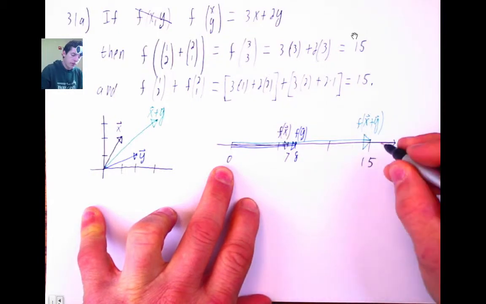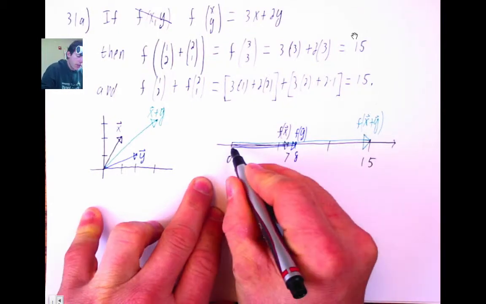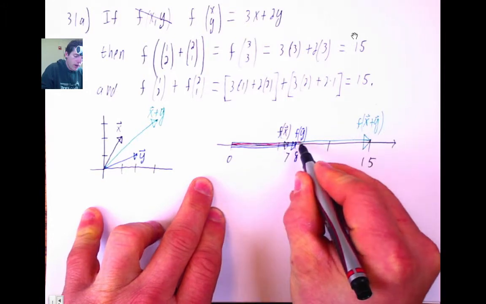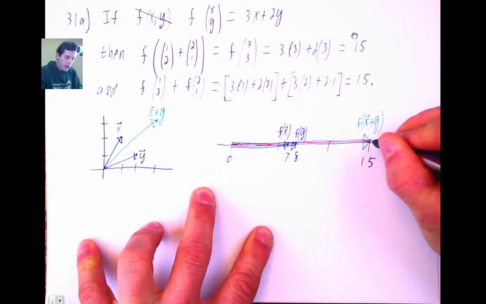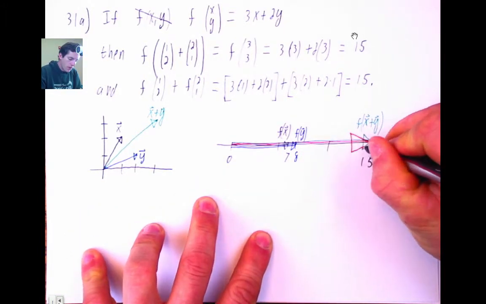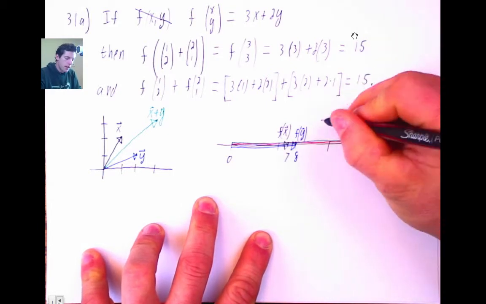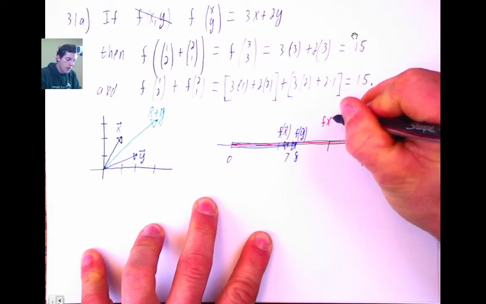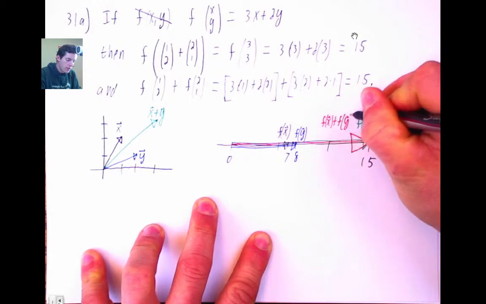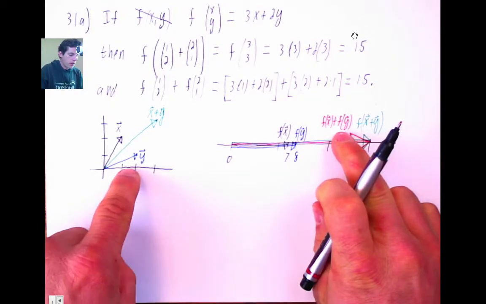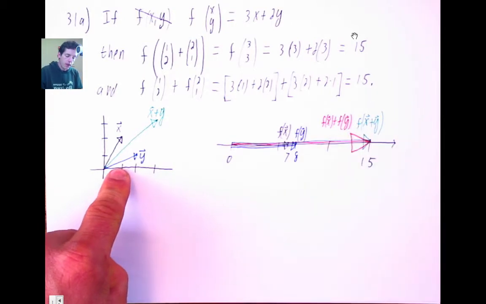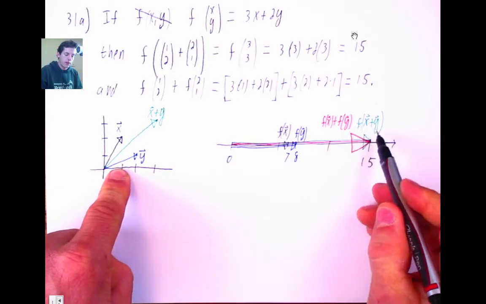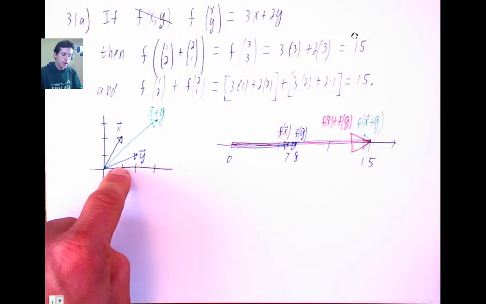That is, oh, it's 15. So I draw another red arrow all the way out there and make it really big so you can see where it is, and say that's f of x plus f of y, which isn't necessarily the image of anything over there. There's nothing drawn in red over there, but it coincides with f of x plus y.